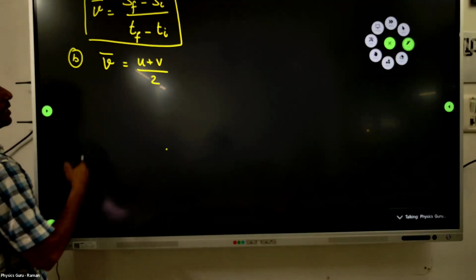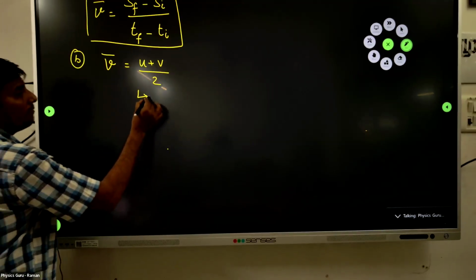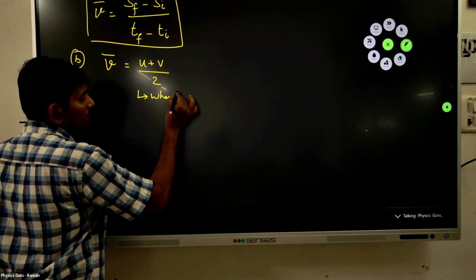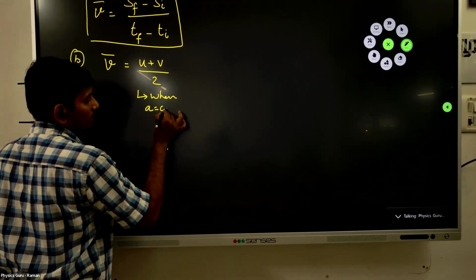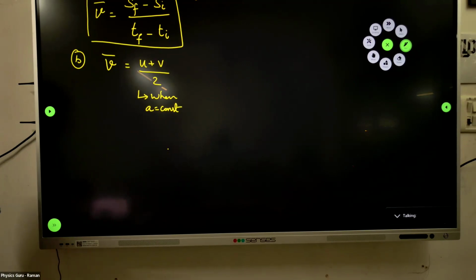When do we need to use it? When acceleration is constant, in uniform motion. When acceleration is constant, this formula should be used. Noted?